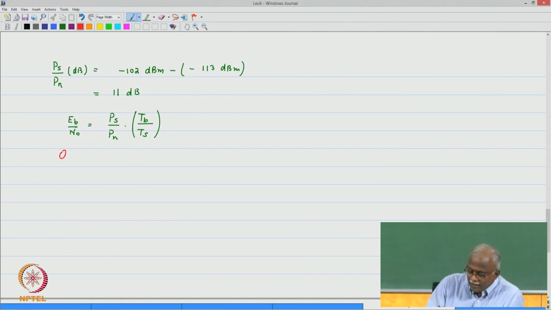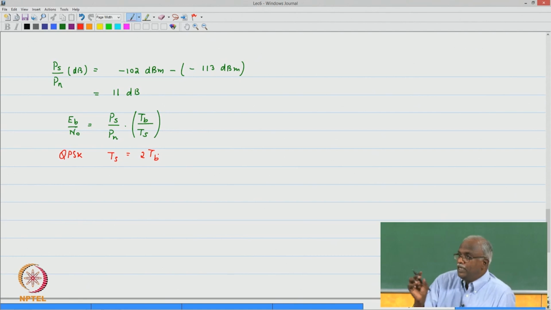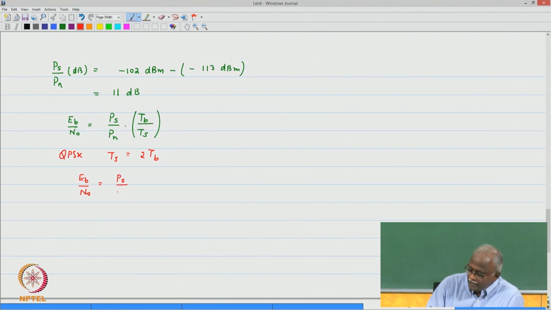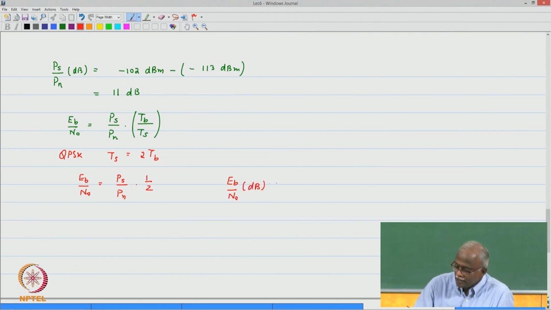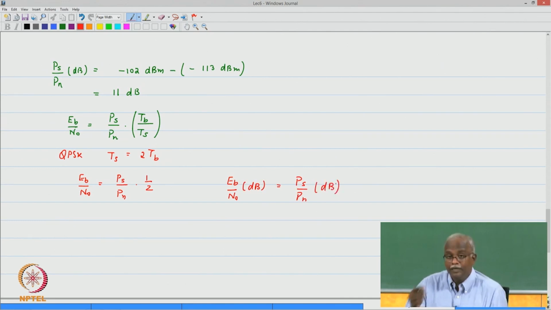Now, for QPSK, symbol duration is equal to 2 times the bit duration, because each symbol carries 2 bits of information. So, Tb by Ts is a factor of 1 by 2. So, Eb by N naught is equal to PS by Pn into 1 half, and if I were to express it in dB, Eb by N naught in dB is equal to PS by Pn in dB minus 3 dB.